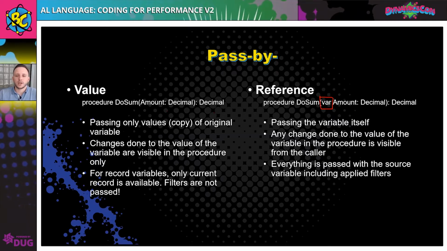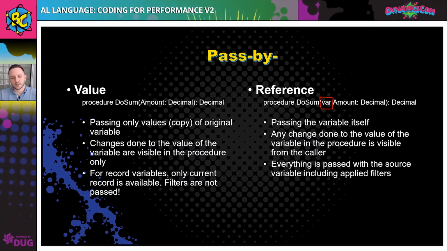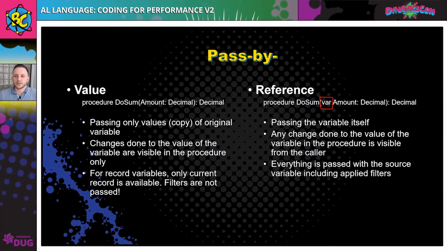So for example, if you are passing a general ledger entry record, then a copy of all fields from the one record you are currently using is passed to the procedure. If you use var, the link or pointer to the record is passed.